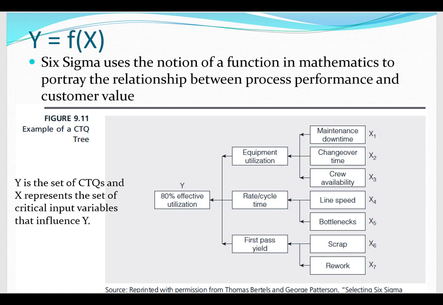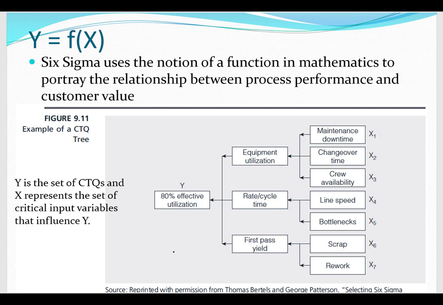Six Sigma generally uses the notion of a function in mathematics to explore the relationship between how the process performs and what the customer wants. Let's say that a critical to quality characteristic that we want to achieve is 80% effective utilization.